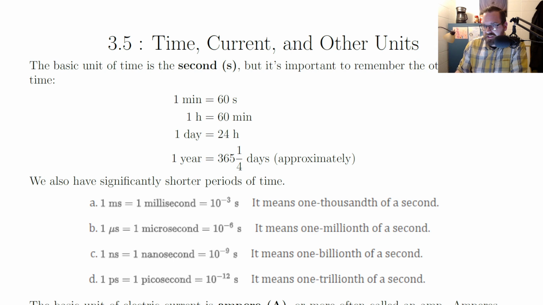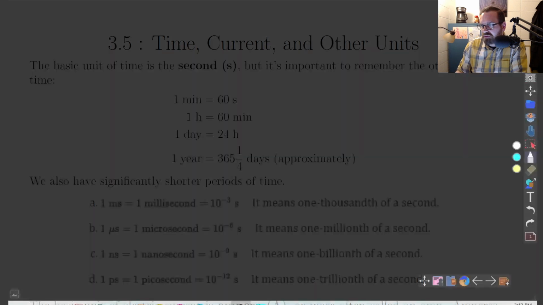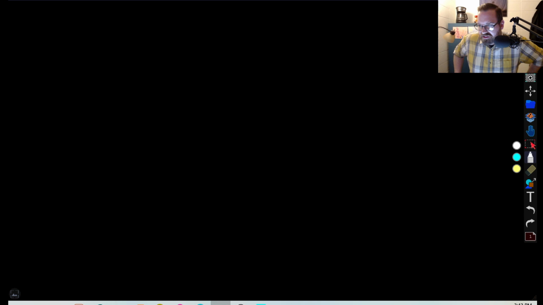Let me go ahead and get switched out to my whiteboard. Okay, and we'll switch over. There we go. All right, so it's very similar. Making a lot of conversions specifically is going to be dealing with the SI system, so the metric system.